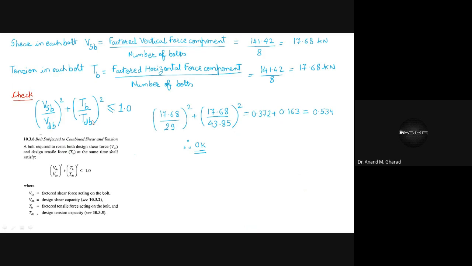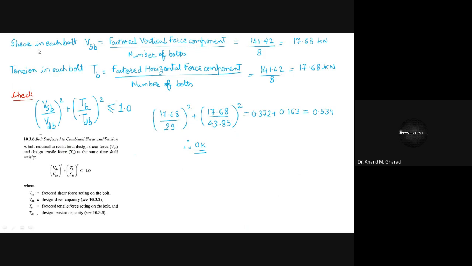Then we need to confirm whether those bolts which are provided in section 11 are safe in shear, which we have found first, and secondly whether they are safe in tension or not. So the first step was to calculate the tension capacity.